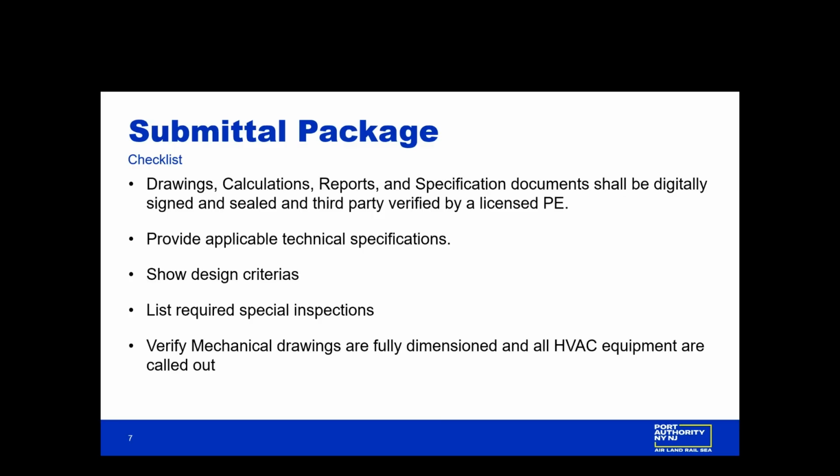It's got to be third-party verified. So there's a whole procedure there for submitting digitally. Provide applicable technical specifications, show design criteria, list required special inspections, verify the mechanical drawings are fully dimensioned and all HVAC equipment are called out. Next, please.